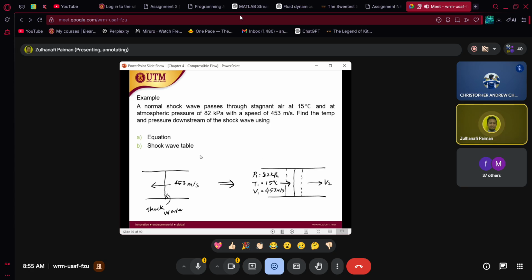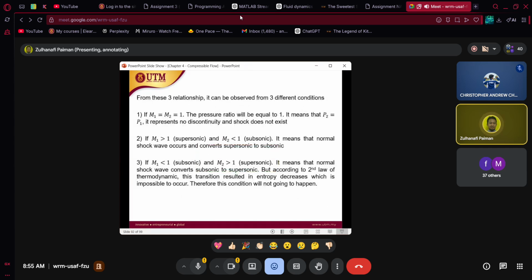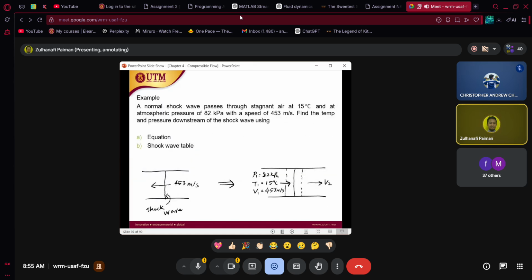For the shock wave also there is a table. You have two options in solving this kind of problem: either by using these equations, or you can also use a table. It's very simple actually. We know that before the shock wave, pressure is 82, temperature is 15, and velocity is 453 meters per second.